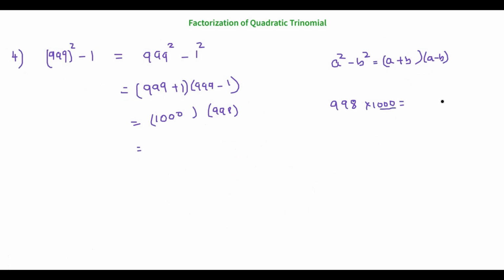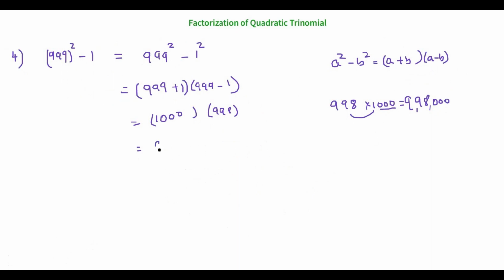We write all these three zeros first, 0, 0, 0. We will write these three zeros and the 1 would be multiplied with 998. So 1 times 998 is 998. We will write it here. So our answer is 9,98,000. So this is our answer. Now we have got our answer easily without doing a very long multiplication.